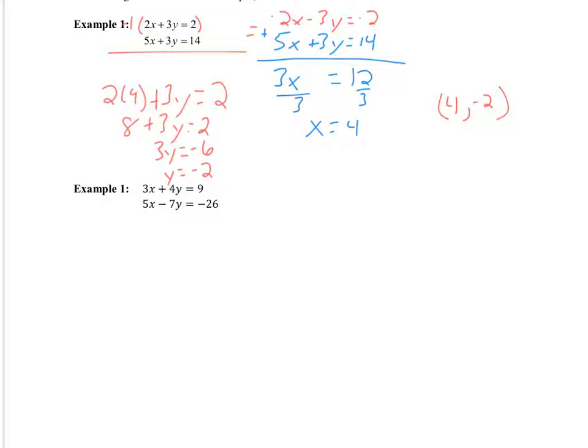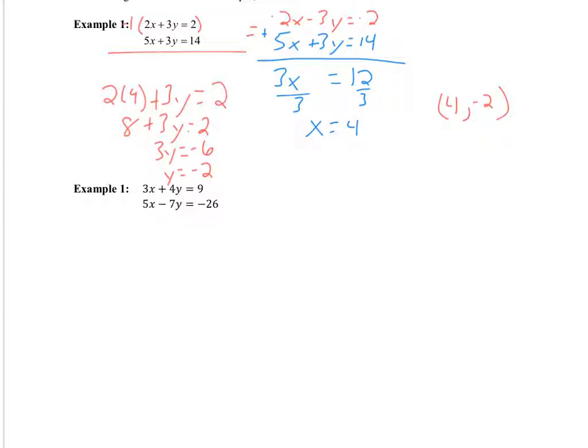Multiplying by -1 just isn't going to cut it, so I could multiply by 7 up here and make this 28, and by 4 right here and make this 28, but that's larger numbers than multiplying by 2 or 3 and by 5. So I'm going to choose the smaller of the pair of numbers just to make life a little bit easier.